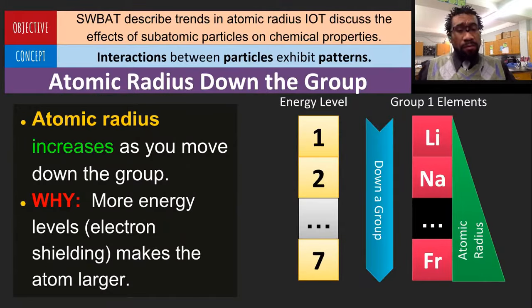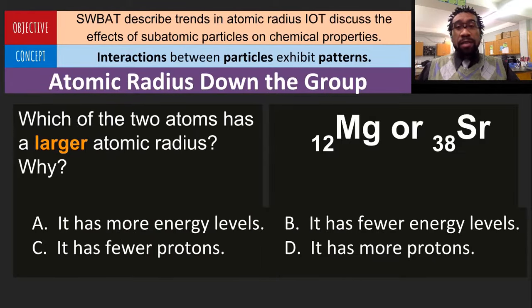Let's go ahead and dive into some examples. Which of these two atoms has a larger atomic radius? We have magnesium with an atomic number of 12 and strontium with an atomic number of 38. Choose an answer. I'm going to choose strontium.